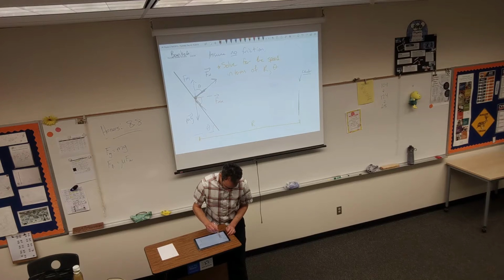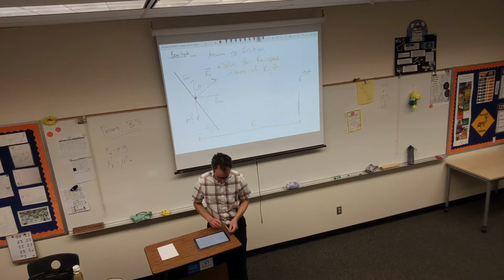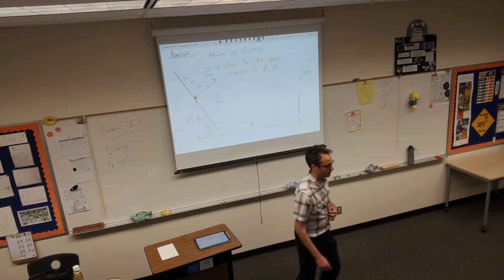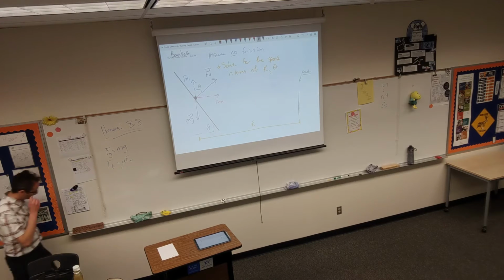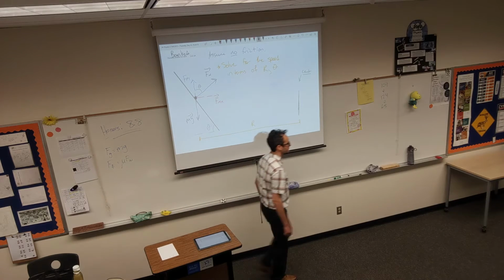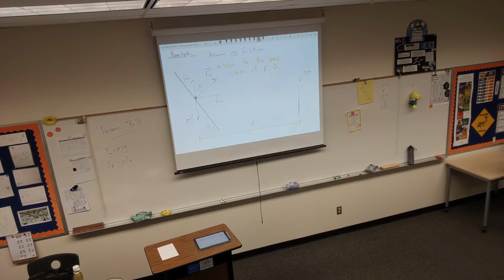No, not 90 minus, just use theta. So it's not 90 minus. But you're solving for speed. Stop finding the y. Well, you can substitute mg.